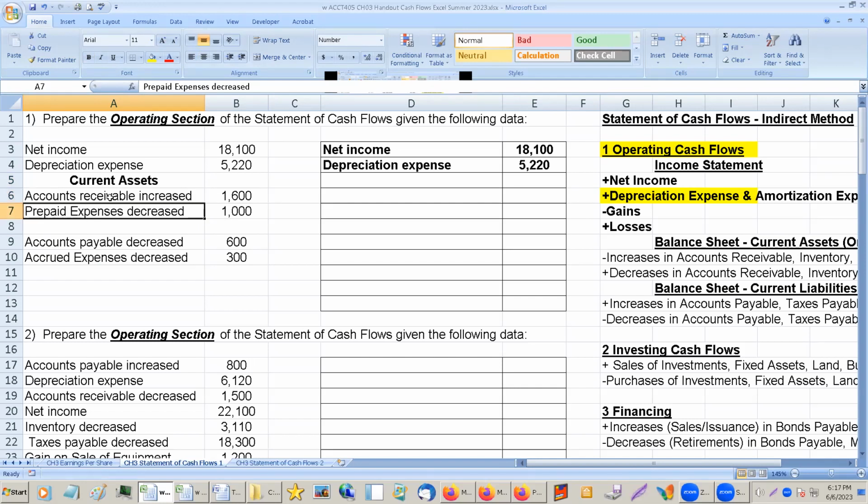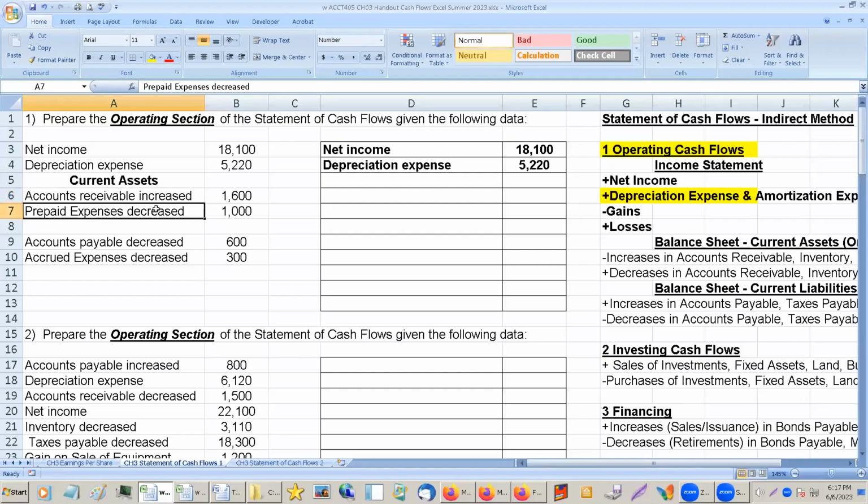Prepaid expenses are things you pay ahead of time and they have a value that, for instance, if you prepay insurance for the next year, say, you have the benefit of that insurance for the next year. If you cancel the insurance, they have to pay you whatever's remaining on the insurance. So you still have this asset, even though you paid it ahead of time. You still have this asset on the books that you're going to get a benefit from that insurance or get your money back from the insurance if you cancel it. So prepaid, these are both assets.